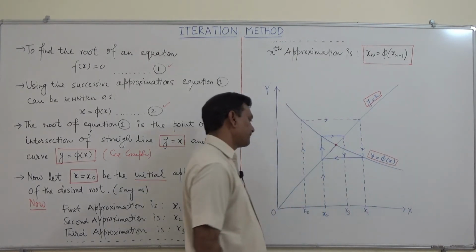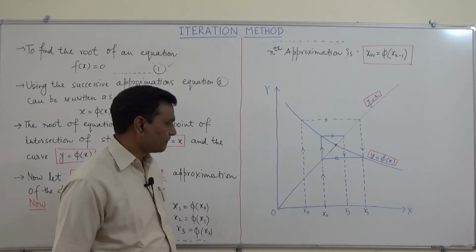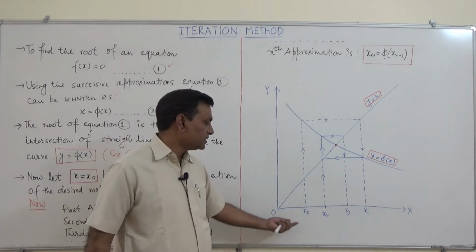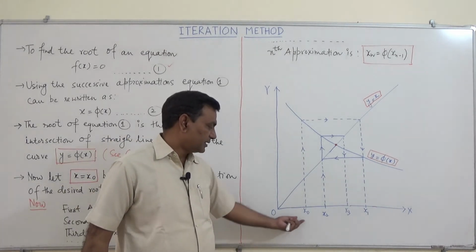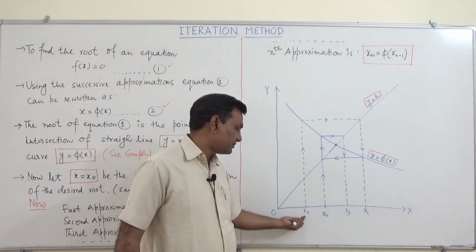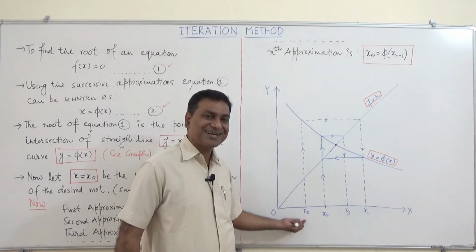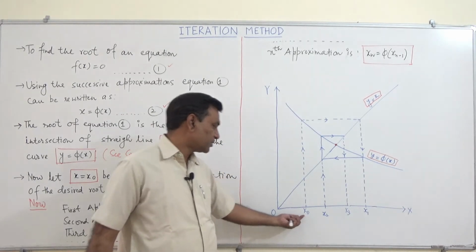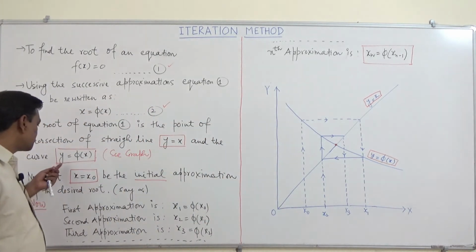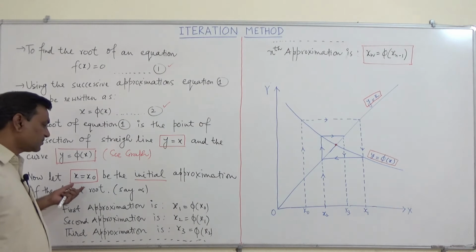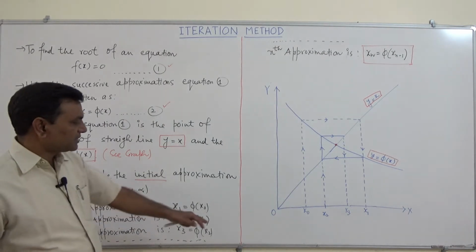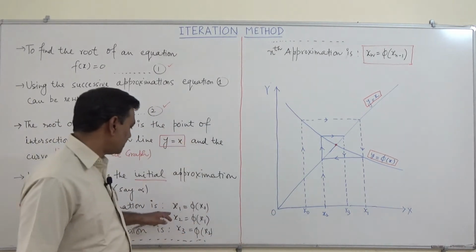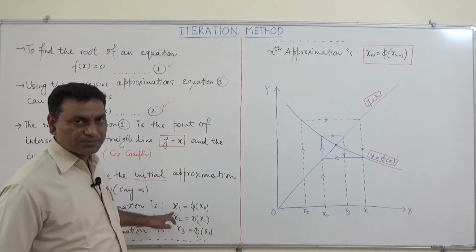In this graph we can see that initially we have taken an initial value, the initial approximation x0. With the help of this x0 we can find x1, the first approximation.